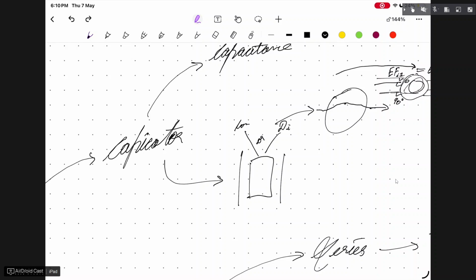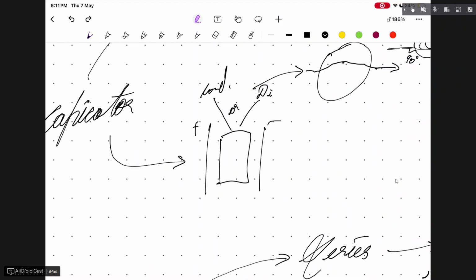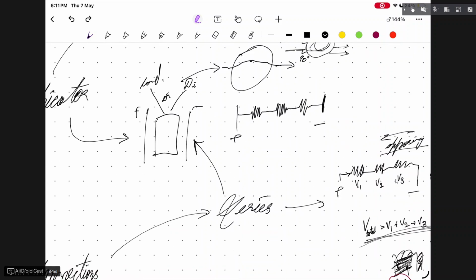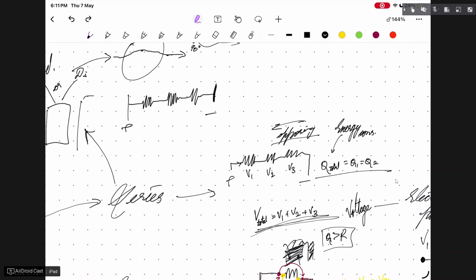Now if you break this into parts, you've got air, then the body, dielectric or conductor, then air, then your negative terminal. This is positive, this is negative. Isn't this the same as series? So yeah, the same rules will apply.